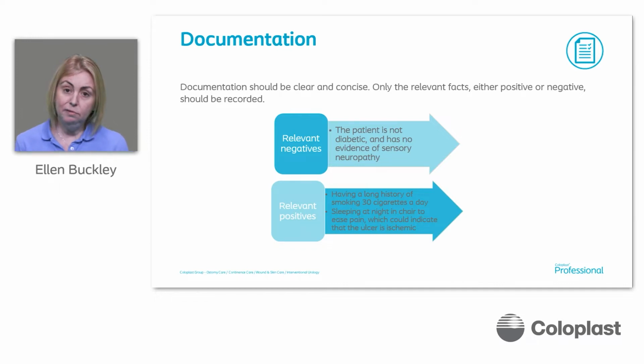So only the relevant facts should be documented, and documenting relevant negatives, things such as the patient not being diabetic, that's a relevant negative to record as part of a wound assessment. And a relevant positive is to document if the patient is a smoker, for example.